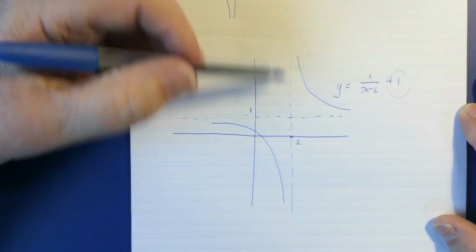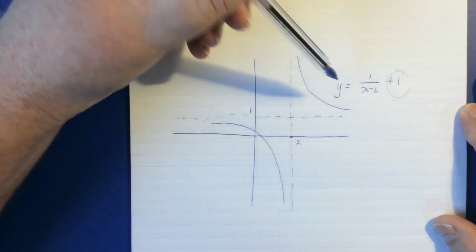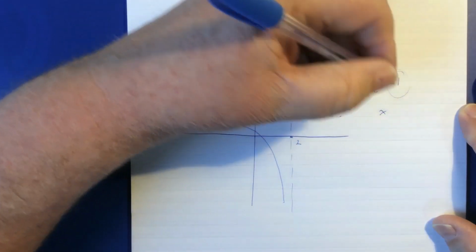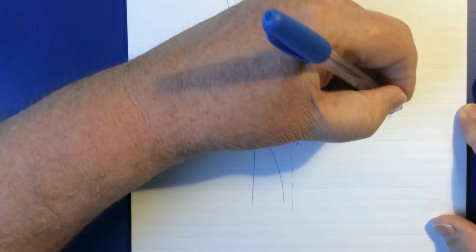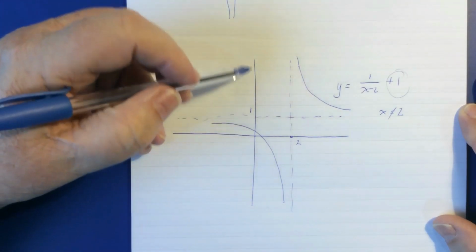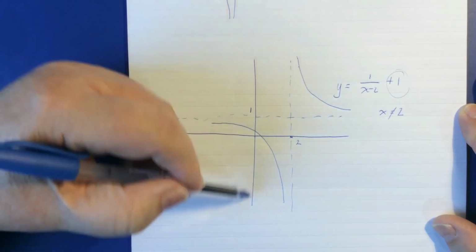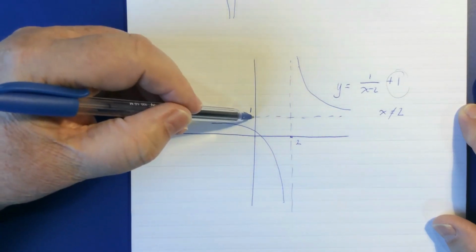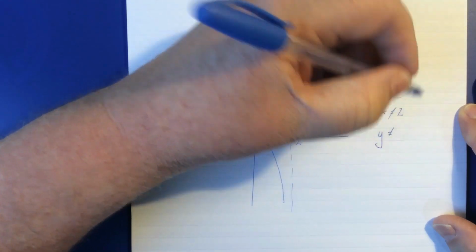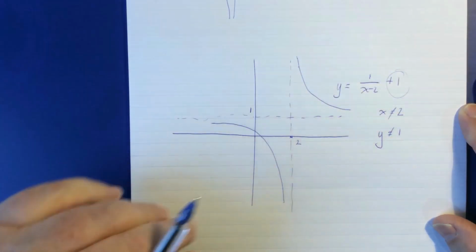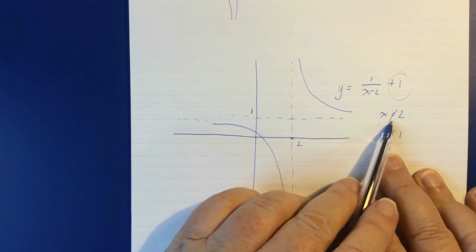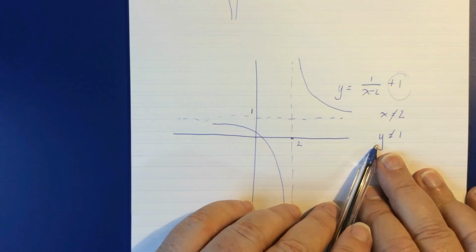And so what we can say when we look at this is that the possible values of x include all numbers except 2. And there's a restriction on the range, the possible values of y which this function can have. And I'm just going to write it like this. This is not generally how it's done, but just to illustrate the point, x can't equal 2 and y can't equal 1.